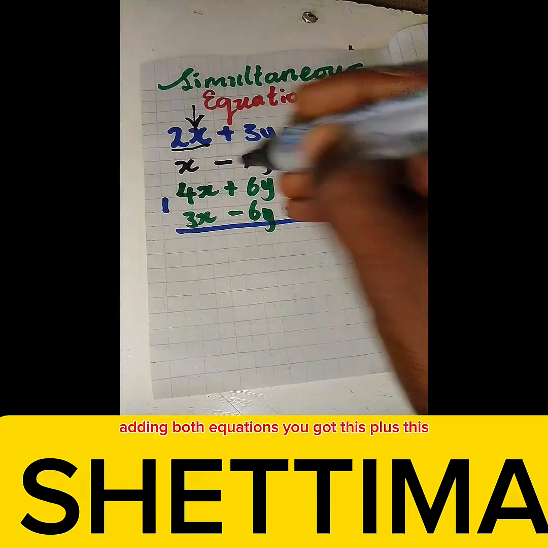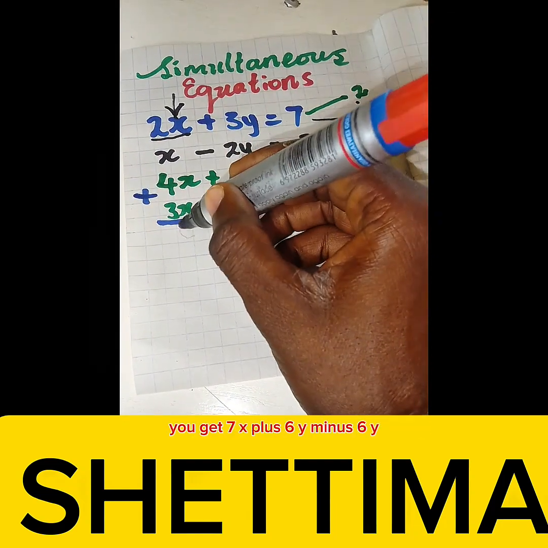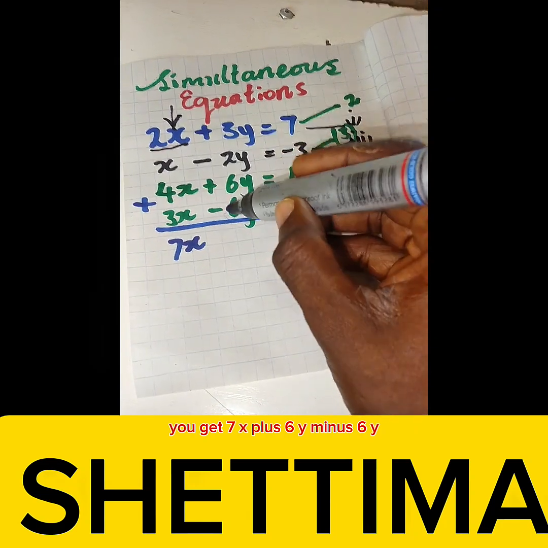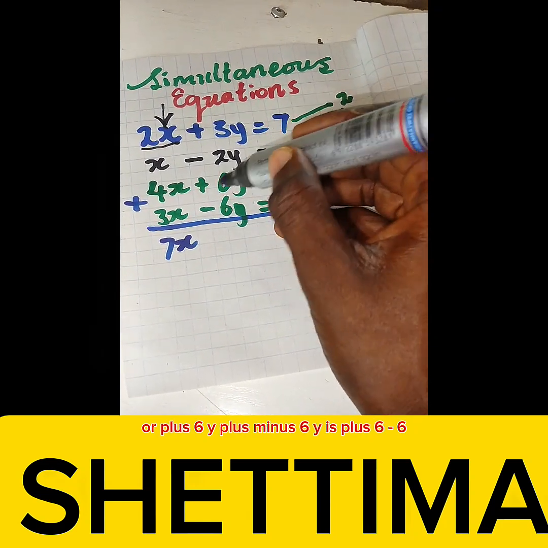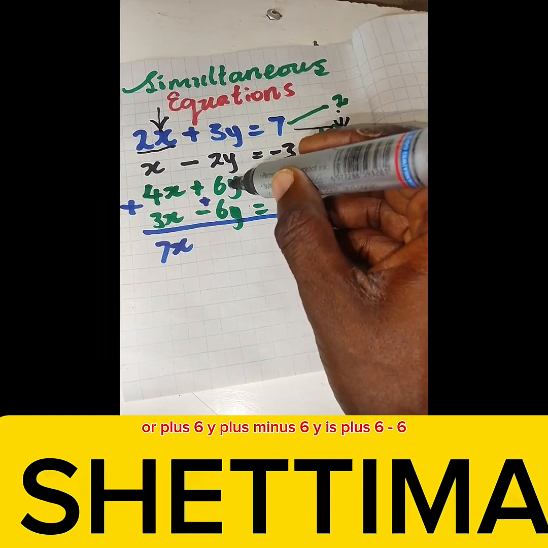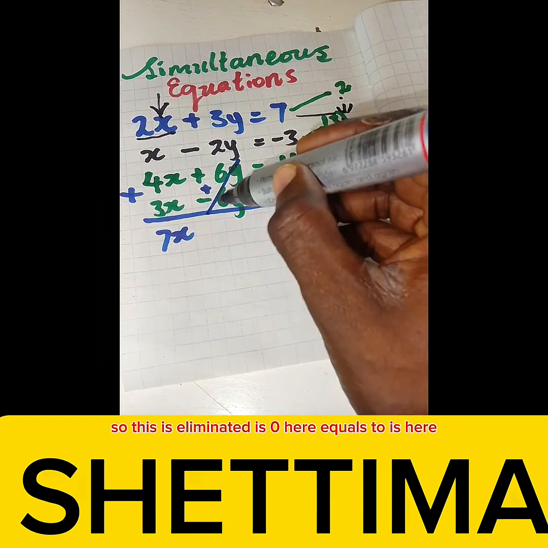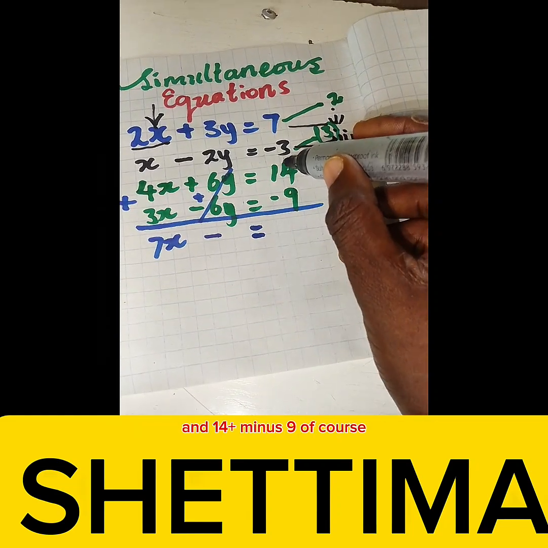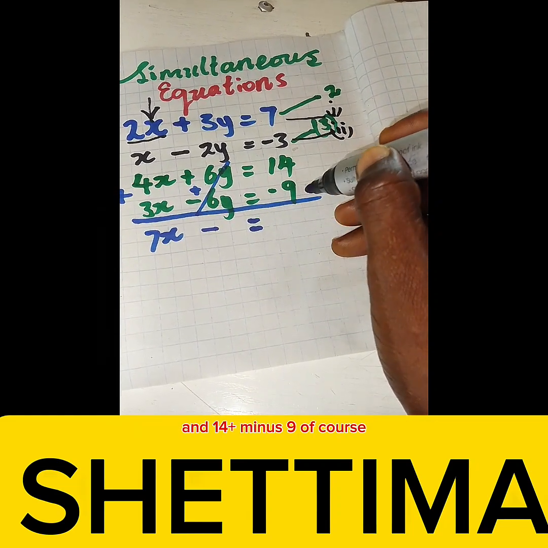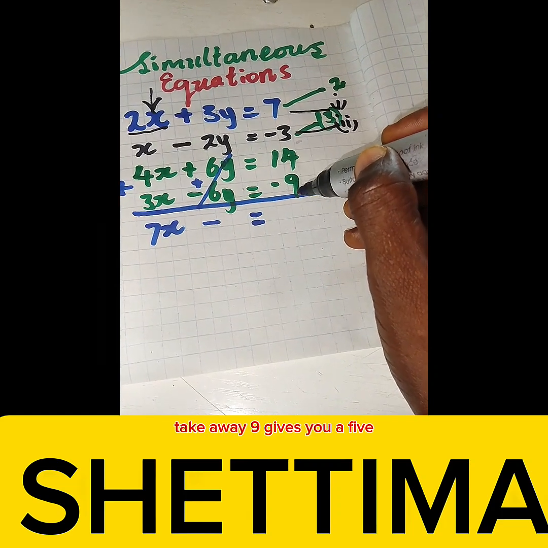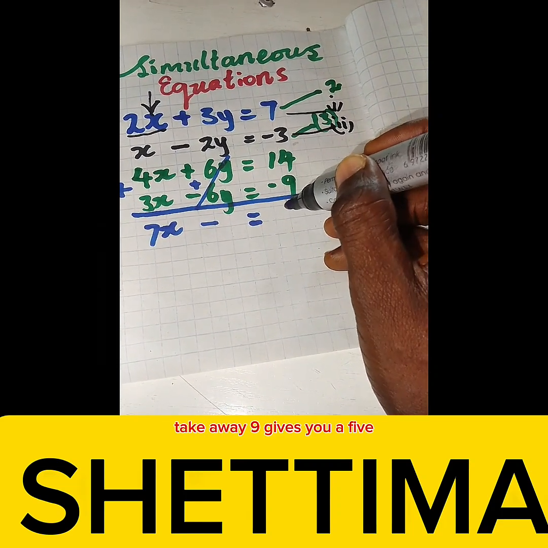Adding both equations, you get 7x, and plus 6y minus 6y is 6 minus 6, so y is eliminated, it's 0 here. Then 14 plus 9 is 23.